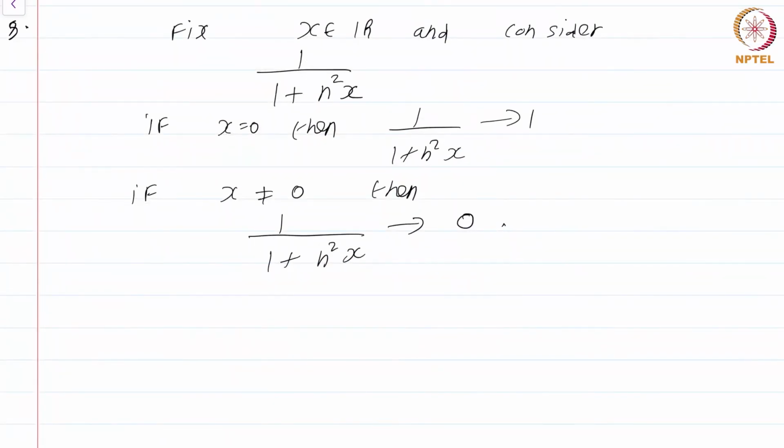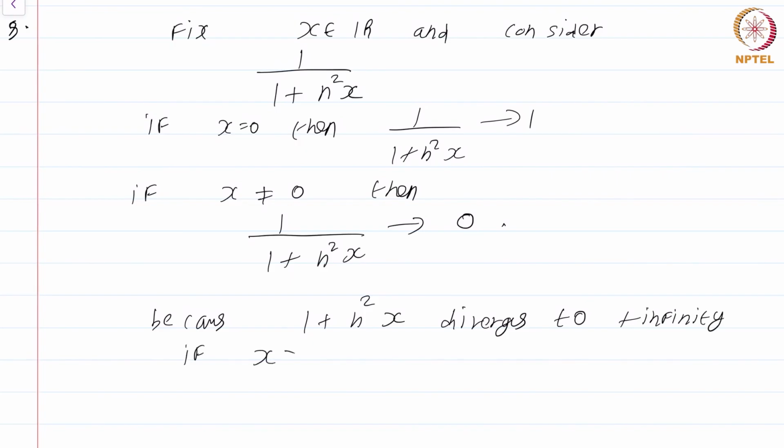Why is this the case? Well, because 1 plus n squared x diverges to plus infinity if x is greater than 0. And, well, I have not formally defined what diverges to minus infinity is, but let me just loosely use this. It diverges to minus infinity if x is less than 0.